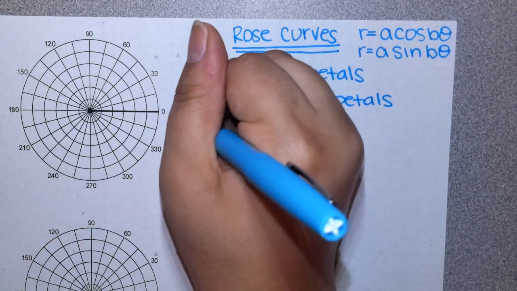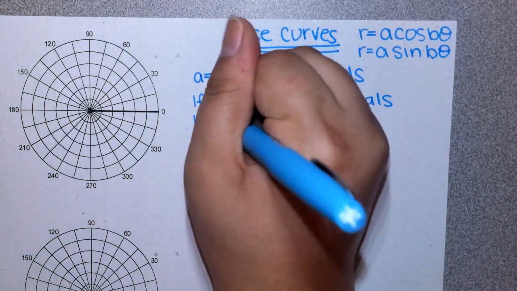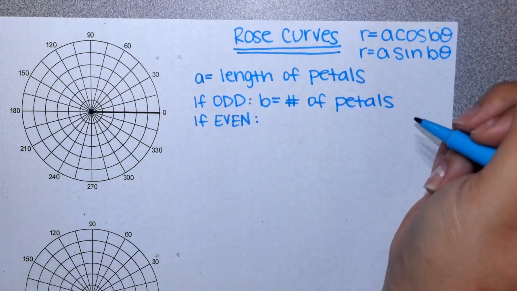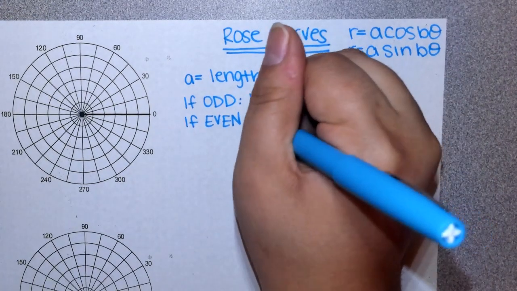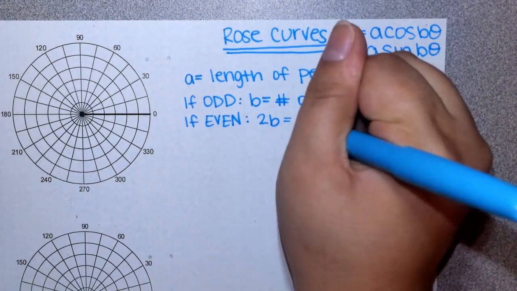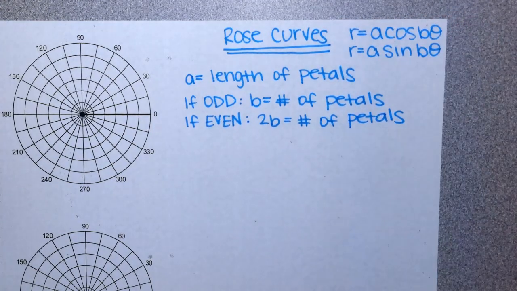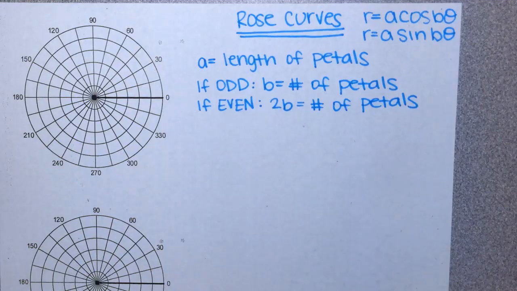But what if it was even? The double. Not square root. 2B is the number of petals. If it was an even number, you multiplied that B by 2, and that's how many petals there were.